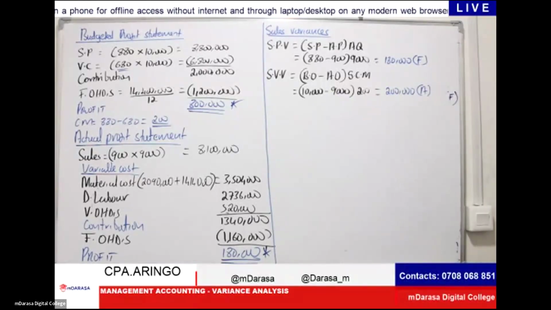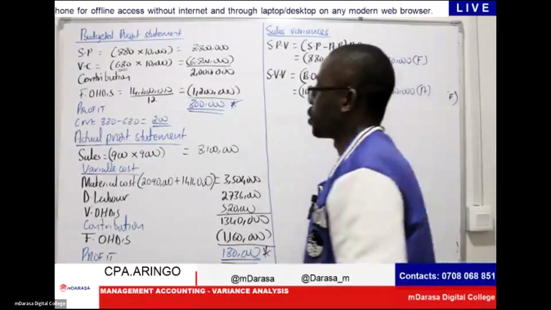We had planned to sell 10,000, but we ended up selling 9,000. Very important to consider.